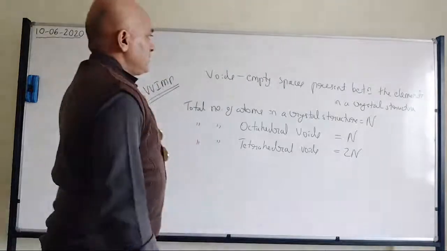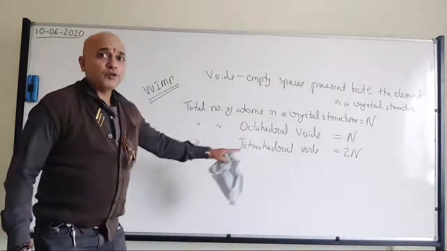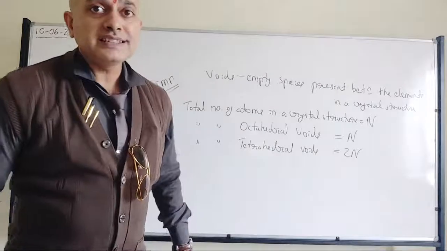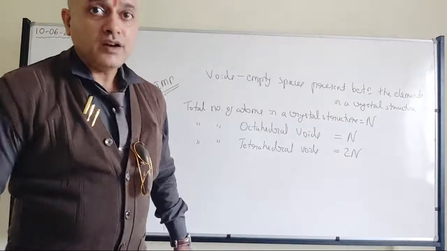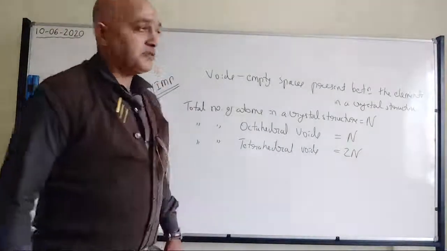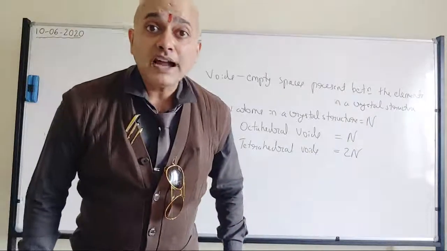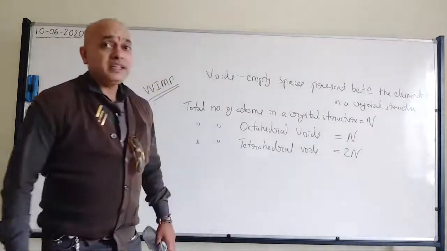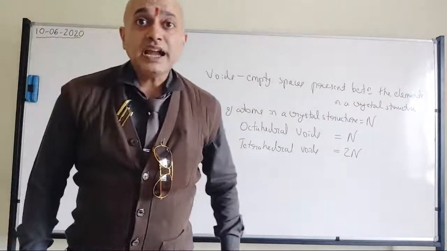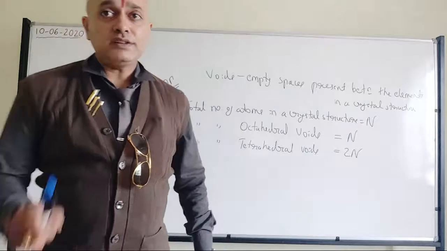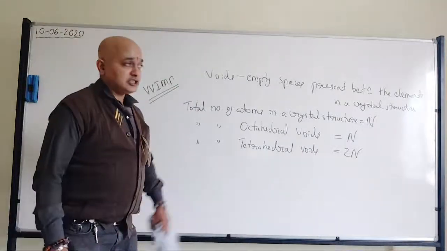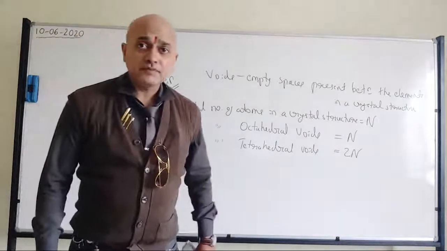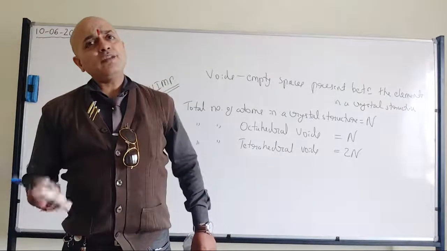Okay. Fine. So all of you note down this relation between the number of atoms in a crystal structure. In that case, what will be the octahedral voids and what will be the tetrahedral voids? So total number of atoms, if it is n, you can take x, you can take y, it's up to you.